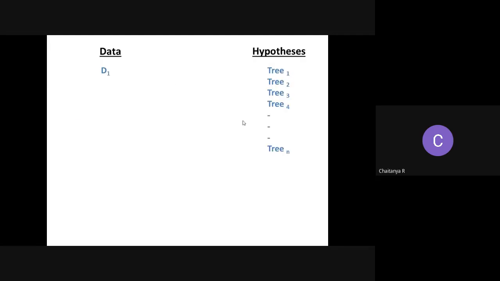Let's move on. So in any situation, for the kind of work that we do, we'll be collecting data from the field, and that would be our data set, right? In our case, this data D1 you see over here is basically a sequence alignment.